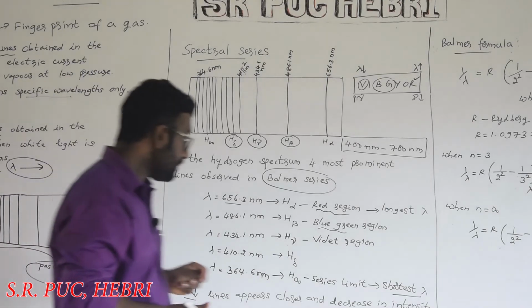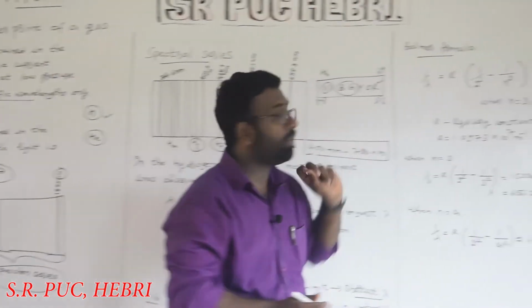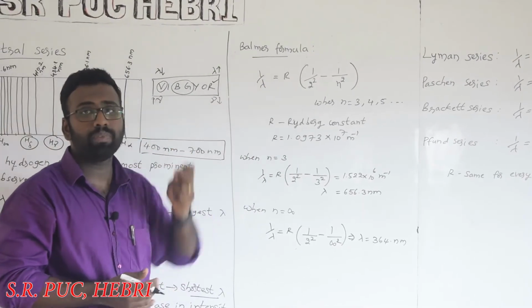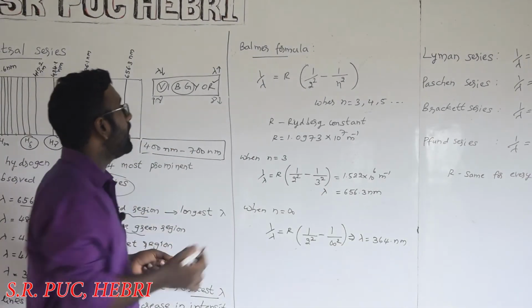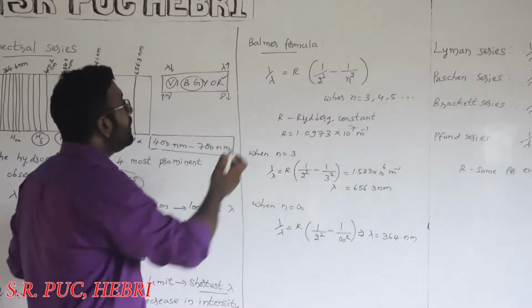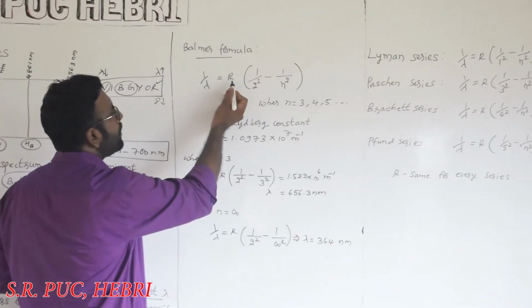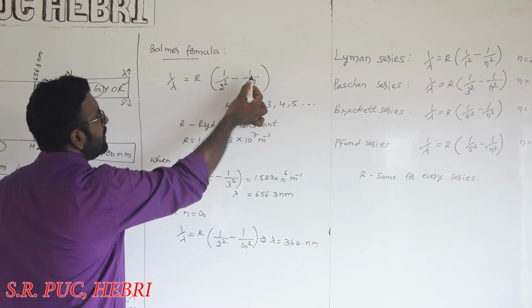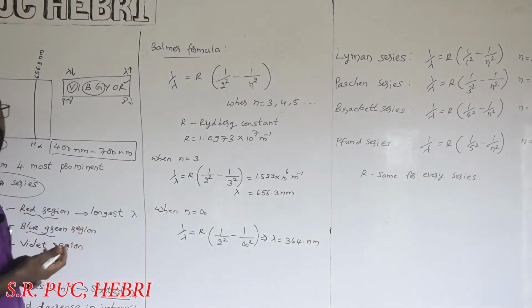Now we will move on to a simple empirical formula developed by Balmer. He says that 1 by lambda, which is usually known as the wave number, is equal to R into 1 divided by 2 square minus 1 divided by n square.